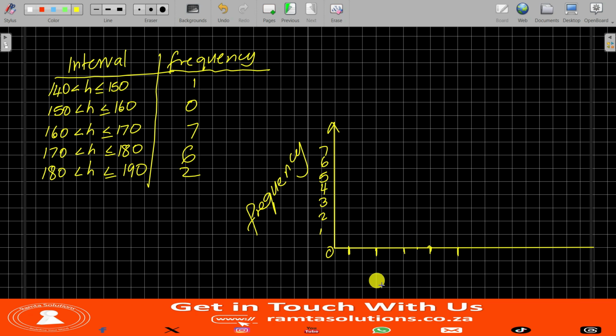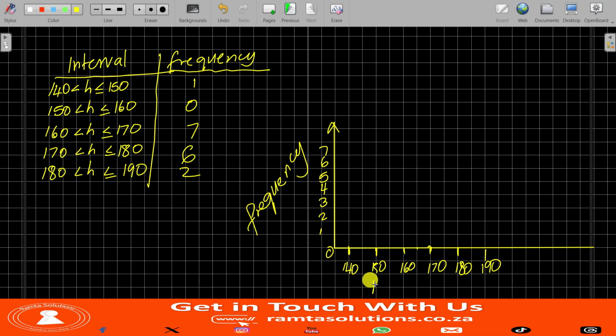Now, here represents the height. This height was supposed to be in centimeters, so let's just say centimeters. The lowest bound here is 140. So this is 140, 150, 160, 170, 180, and this is 190.